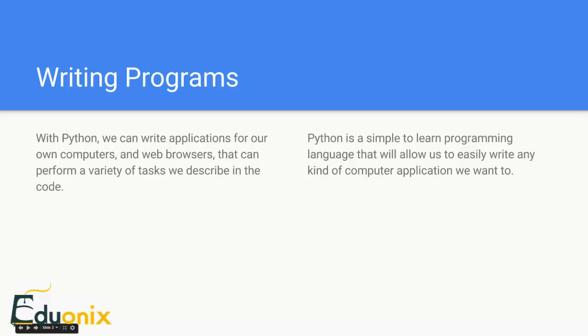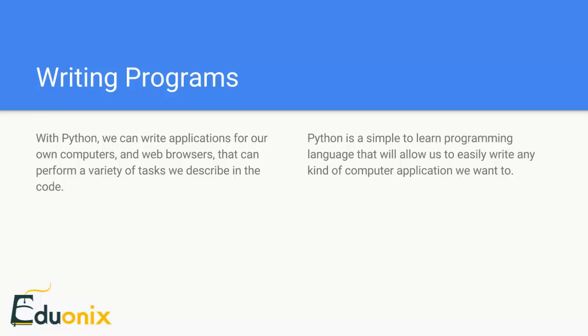As I said before, Python is the name of the programming language you're going to be using in this course. Python is a fairly powerful programming language. You can use it both to write web applications, things that you can access from your browser, and also desktop applications, programs that you can run on your local operating system on your computer.